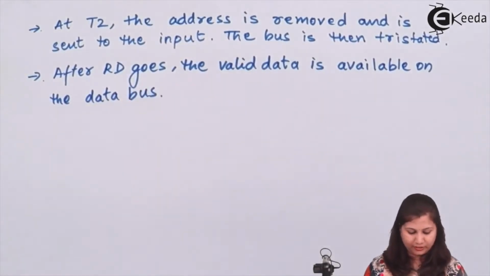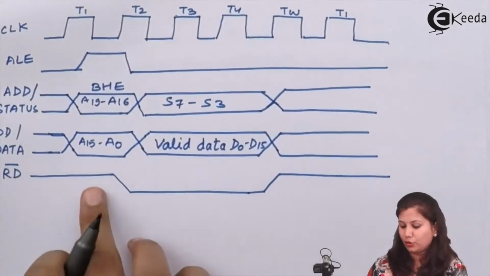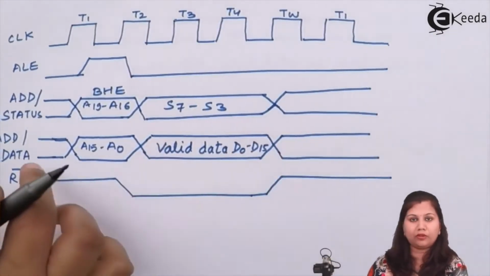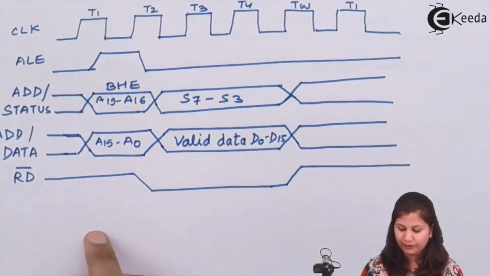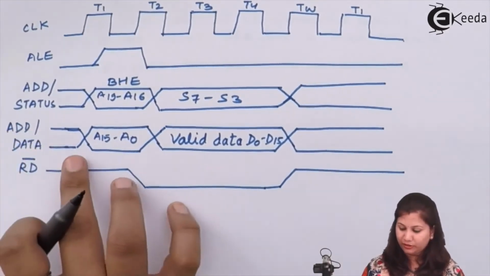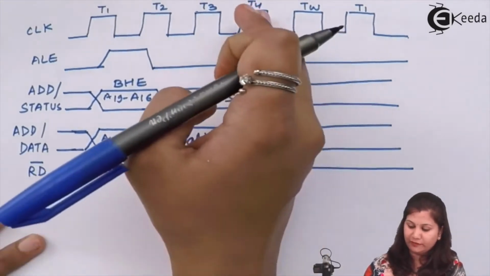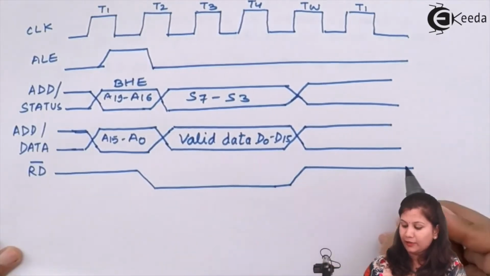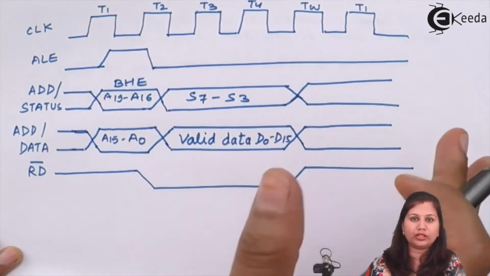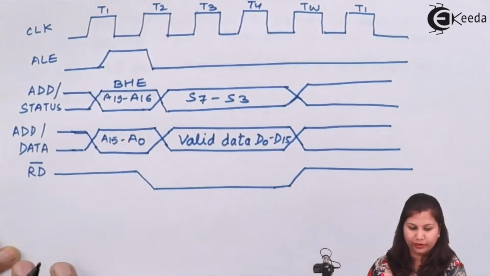You can see here that when this read signal is low, valid data is available on the data bus, and then that data will be read. You can see that after this T4 state, this signal is high, so these buses go to the tri-state condition.